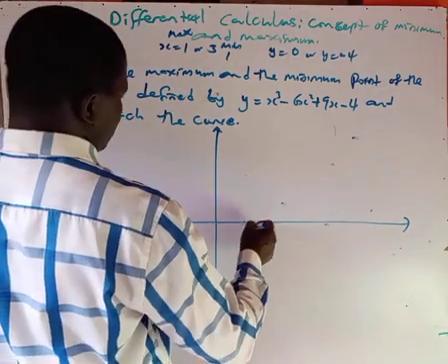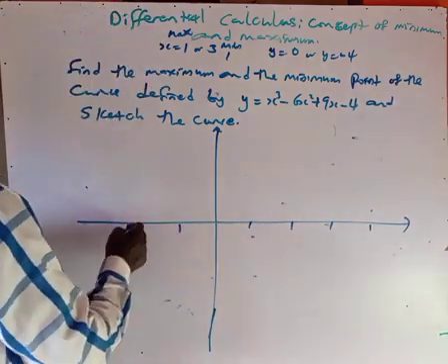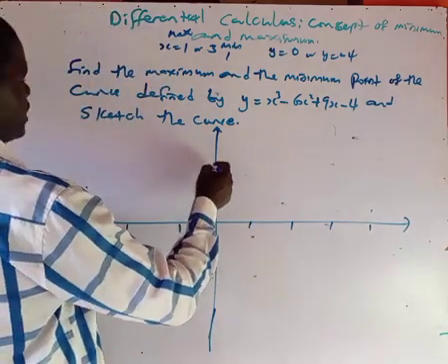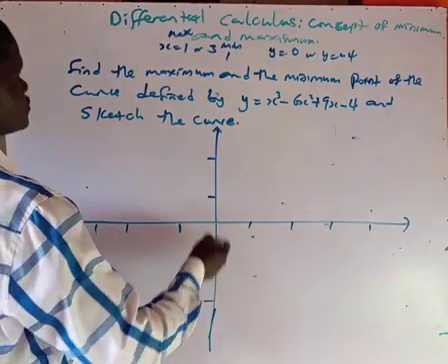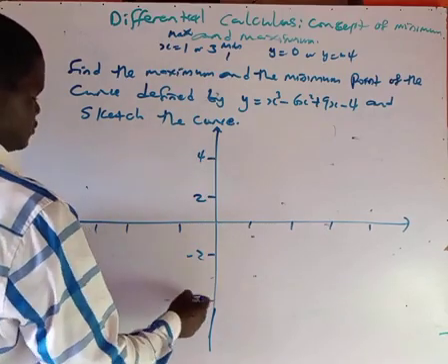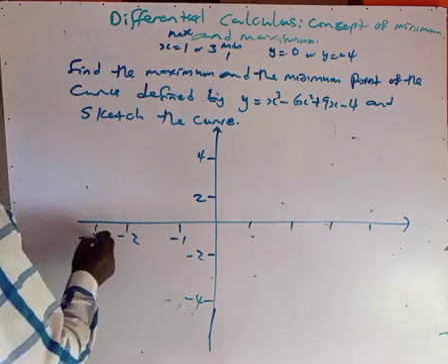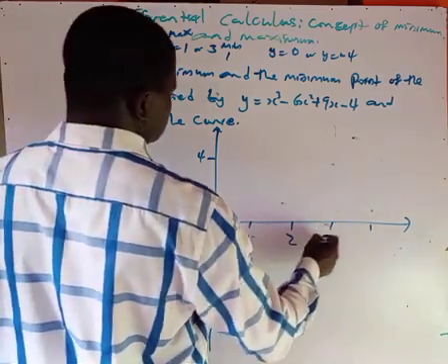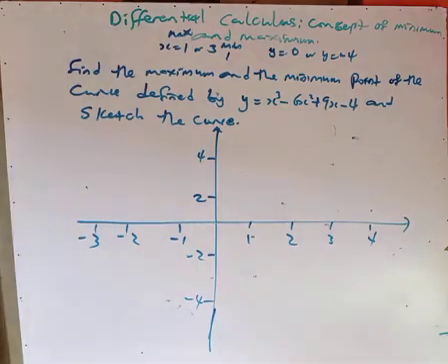So you can simply have 1, 2, 3, 4. Here you will have 2 and 4, minus 2 and minus 4. Here you have minus 1, minus 2, minus 3, and 1, 2, 3, 4. So that's it.